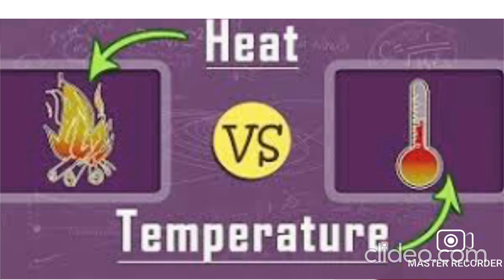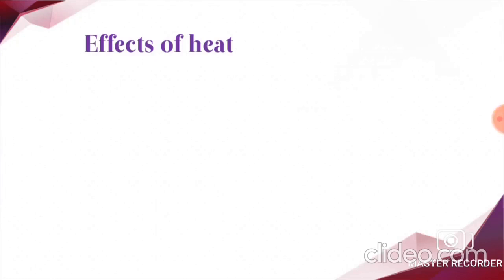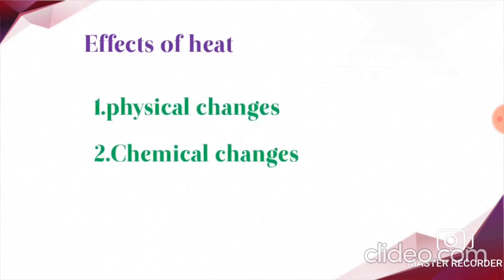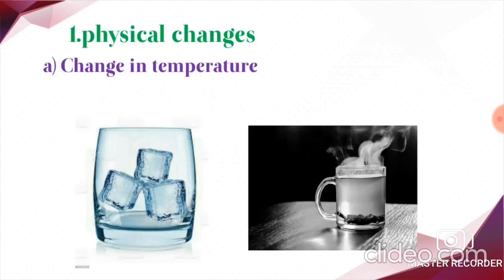Next, we will learn what the effects of heat are. Children, when we heat a body, it undergoes various types of changes. The changes are mainly of two types: physical changes and chemical changes. First, we will see what physical changes are. The first type of physical change is change in temperature. We all know that when we heat or cool a body, there is a change in its temperature.